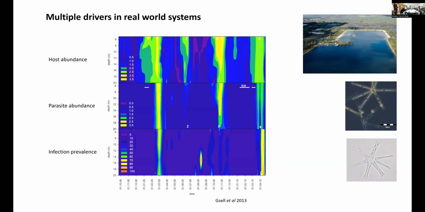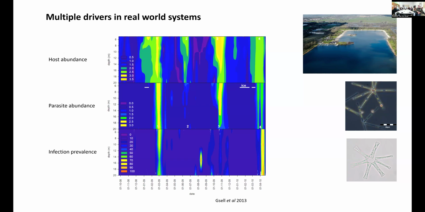But in reality, of course, we have multiple drivers acting at the same time, changing in different ways. So I'm just showing you one graph from my PhD work in Lake Marseille, again on my favorite Asterionella and the chytrid. This is 1.5 years of winter bloom, summer bloom, winter bloom, summer bloom, with the parasite abundances.